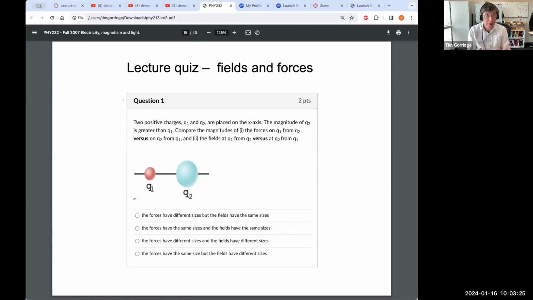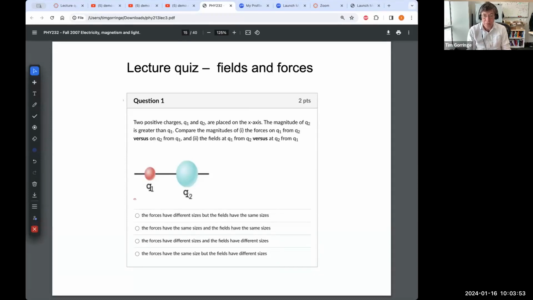One way of thinking about that is that when one object interacts with another object, no matter what the force, whether it's electric force, gravitational force, some other force, those forces always come in pairs. They're always equal and opposite. So the force on Q1 and the force on Q2 must be equal and opposite forces. They're going to have the same strength, opposite directions.